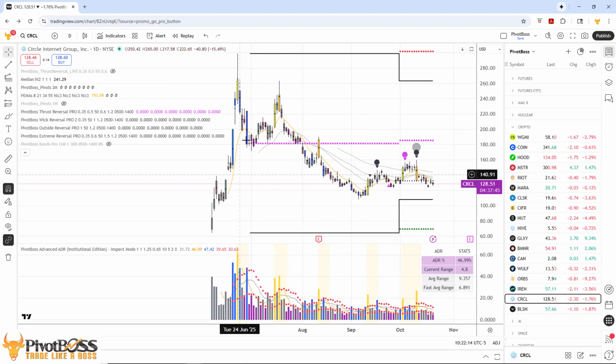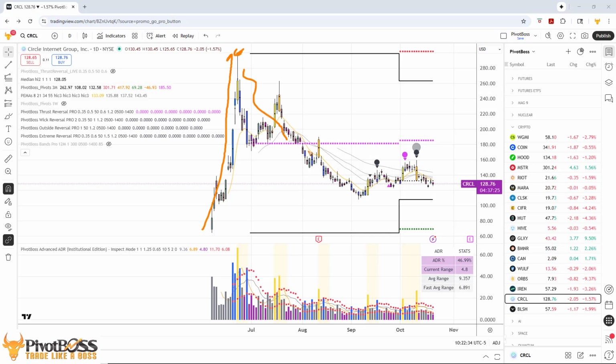Circle, of course, came out hot. Once we hit 297 that morning, within 3 points of the high, we said the high's in, and they broke the chart. And now you can see what I meant by that. The high is in, they broke the chart, they made 3 years worth of gains in 2 weeks.